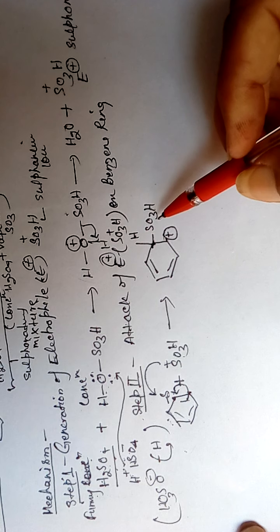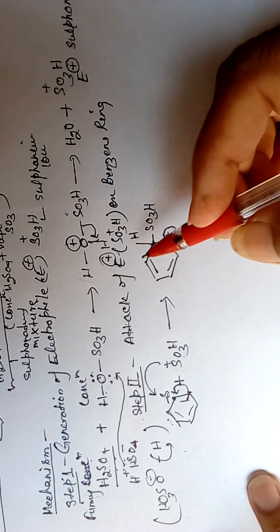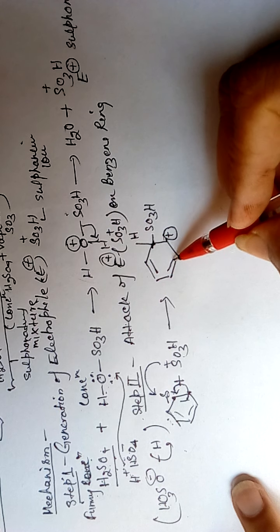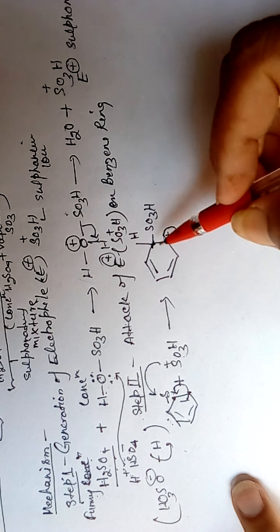When the electrophile attacks the benzene ring, the ring becomes non-aromatic because it loses its aromatic character.